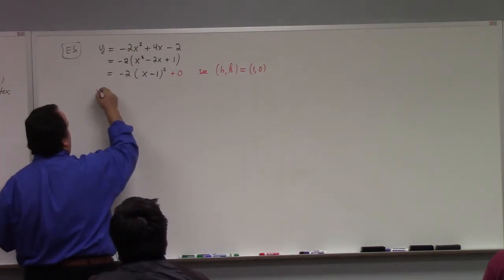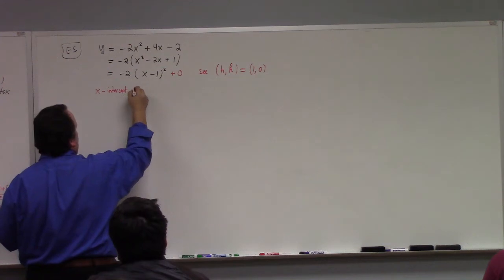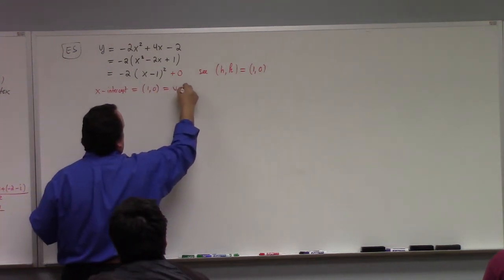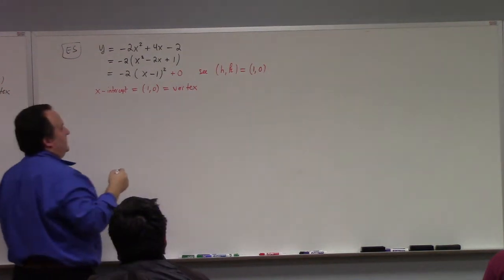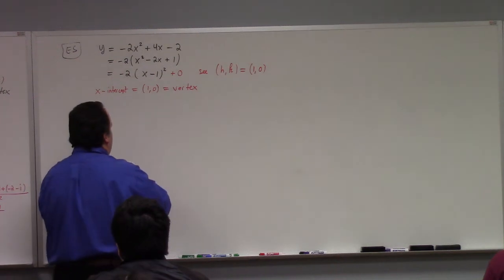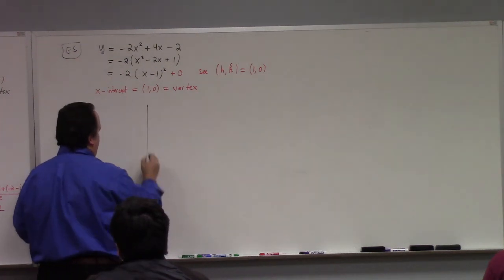Not only is the x-intercept the vertex, there's just one x-intercept. There's not an R1 and R2, there's just R1 equals R2. They become one and the same. And so we can graph this thing.